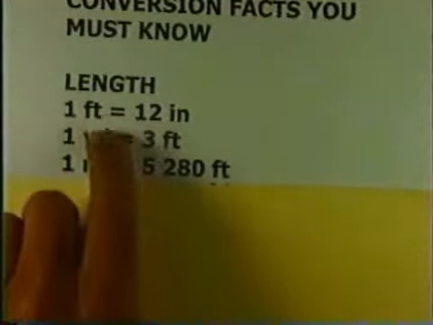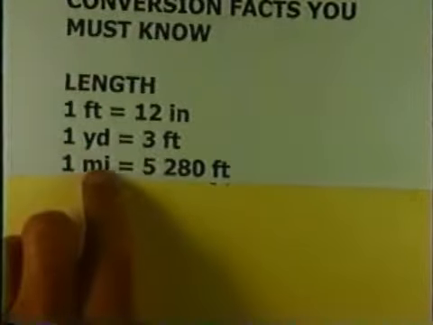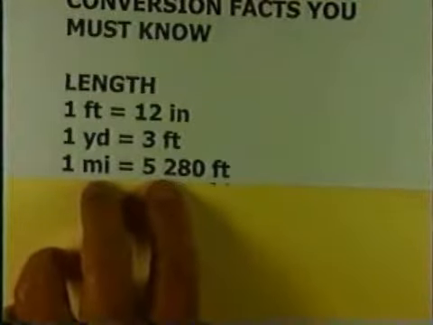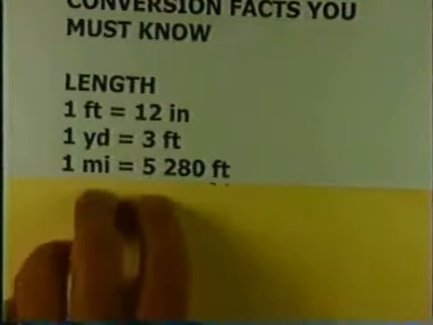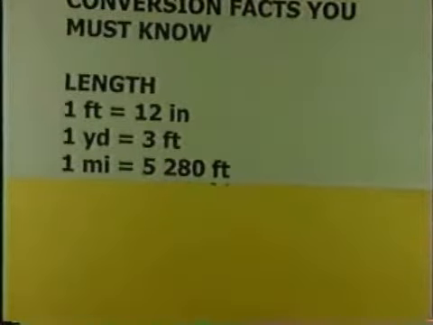We can easily see the ruler and the yardstick, but a mile might be a little bit harder. But as you're driving your car, if you note how long it takes your odometer to click off 1 mile, you can get some idea for how long it really is. So these are the 3 facts concerning length that you must know.